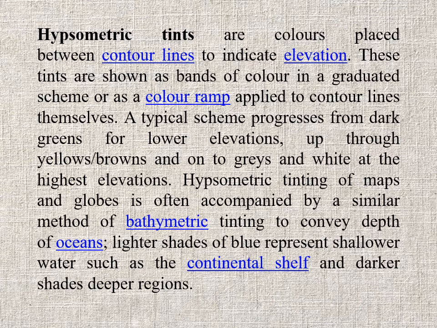Hypsometric tints are the color bands indicating different elevations. Basically, these color bands are placed between the contour lines. That means the lines having the same elevation difference or same depth for two different heights, and the portion is defined by the same color level.